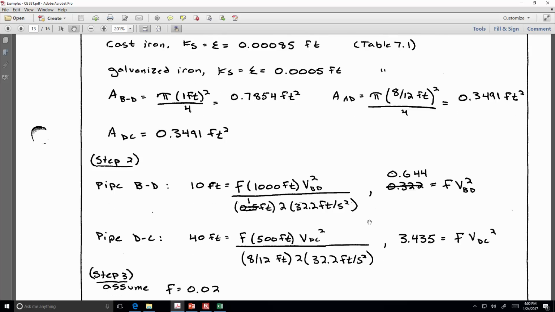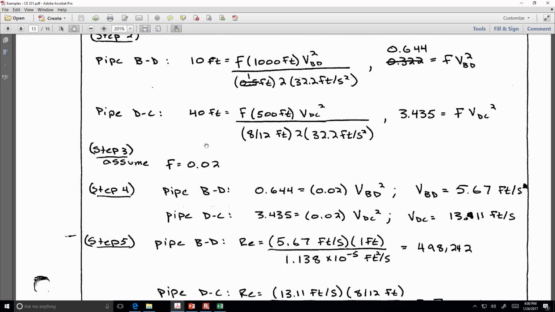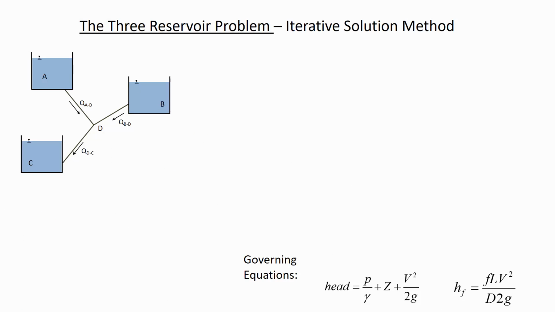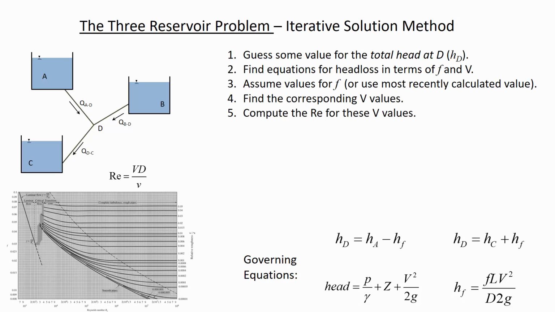So I'm just going to guess an F value, and like somewhere midpoint on the Moody diagram, like if you look at the range of values on a Moody diagram, at the lowest end of the spectrum it's 0.008. At the highest, highest typical values, we'd usually only see maybe 0.04. So I'm here in the middle. I just said, let's assume as a starting point 0.02.